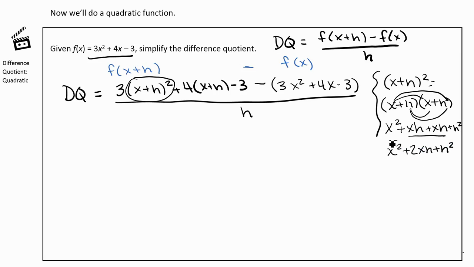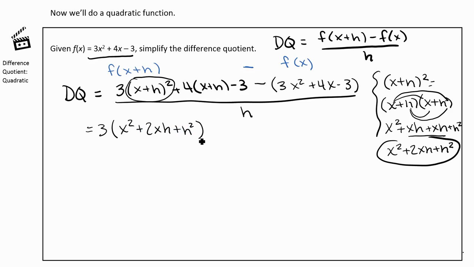So we're going to plug this whole thing in for x plus h squared here. I'm going to get rid of that line just so it doesn't get too messy. But this means we're going to have 3, and then in parentheses we're going to put what we just found, x squared plus 2xh plus h squared.